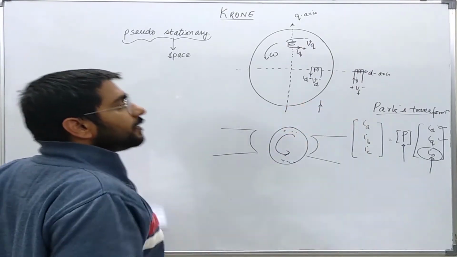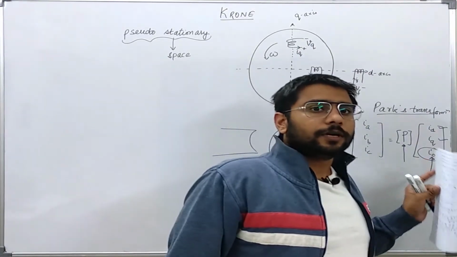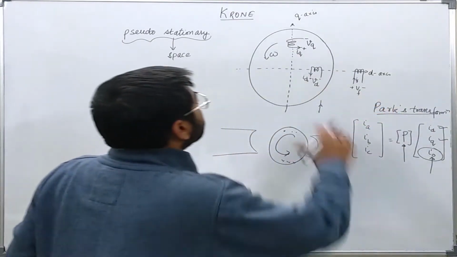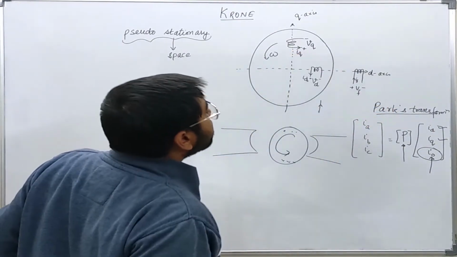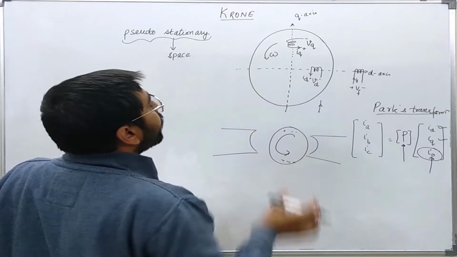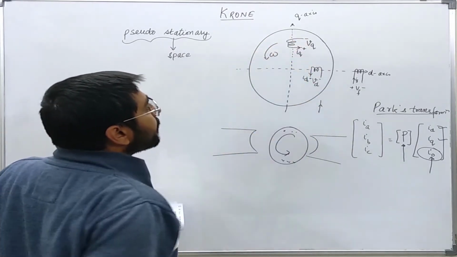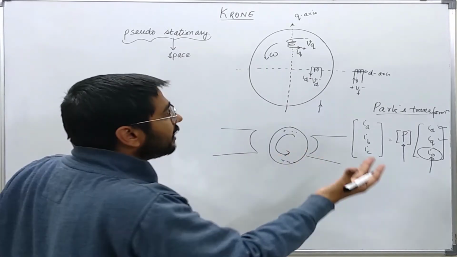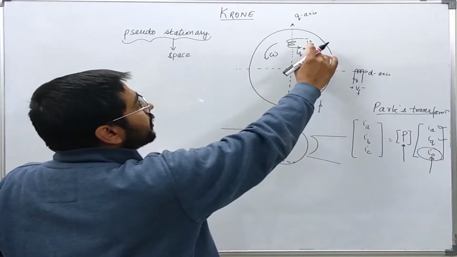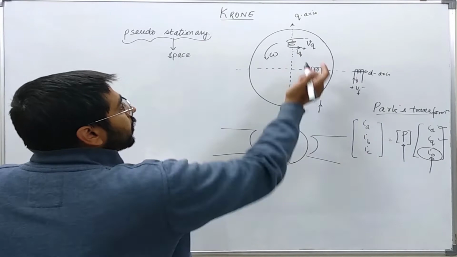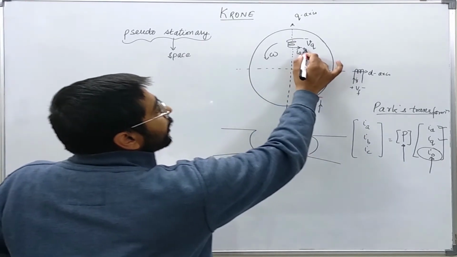Usually in the study of two-axis theory, we deal with the motor part. But since we are going to study the generator, I have just reversed the sign convention. This generator is feeding some load.